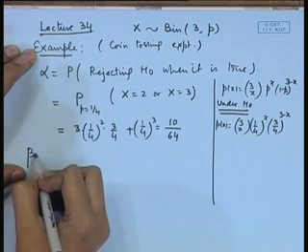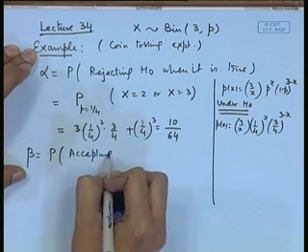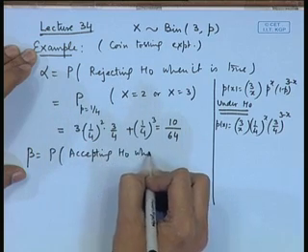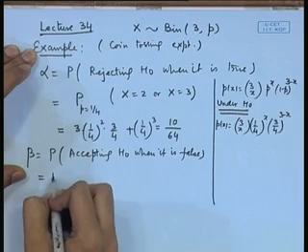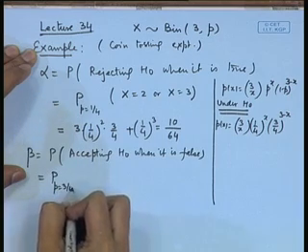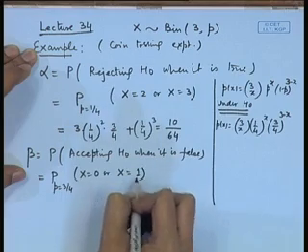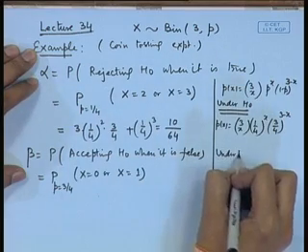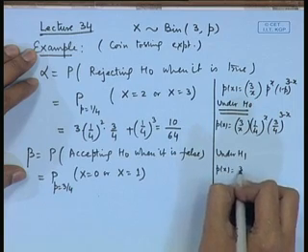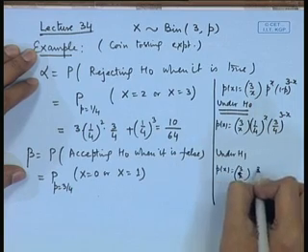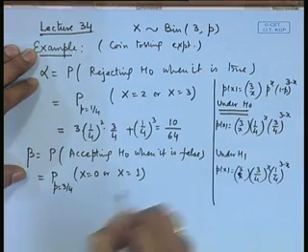Let us look at beta, that is the probability of accepting H naught when it is false, that is the probability, when p is equal to 3 by 4, of x is equal to 0 or x is equal to 1. Now, under H1, that is when p is equal to 3 by 4, P(x) is 3 c x 3 by 4 to the power x, 1 by 4 to the power 3 minus x.